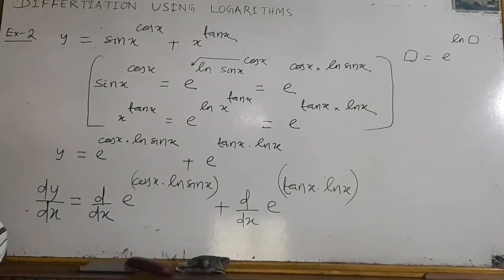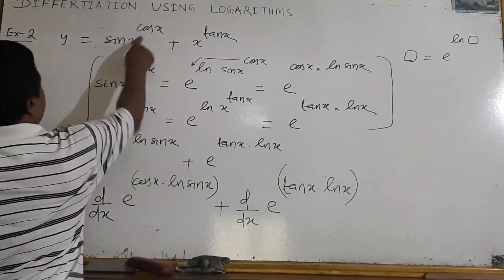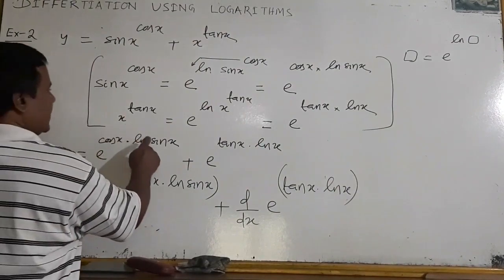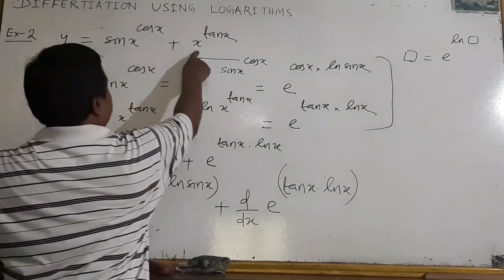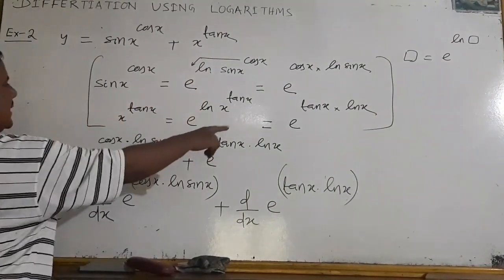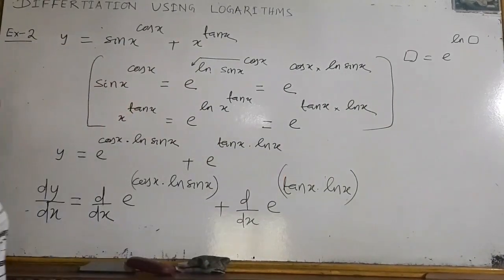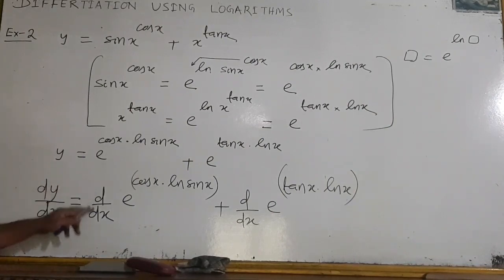Now in place of sin x to the power cos x, I can write e to the power cos x ln sin x, and in place of x to the power tan x, I can write e to the power tan x ln x.